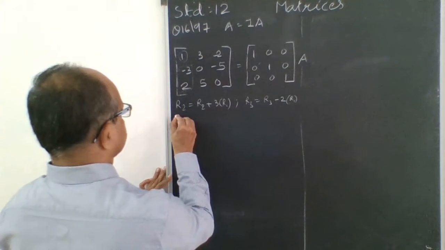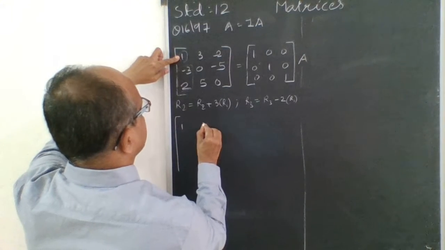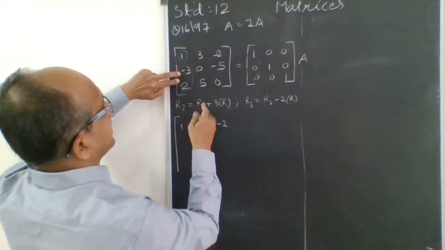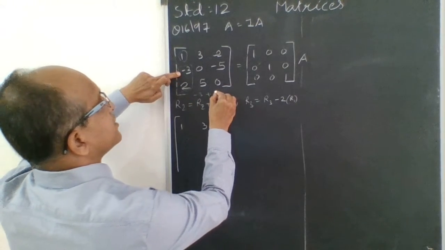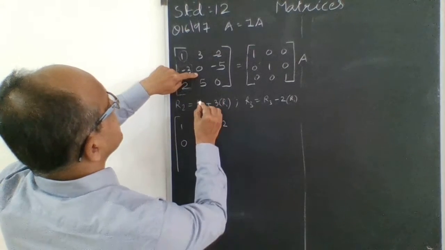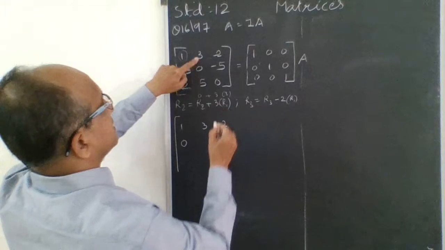So here first row will remain as it is, 1, 3, minus 2. Now see R2, that is minus 3 plus 3 into 1, 3, that is 0. Then here it is 0 plus 3 into 3, that is 9.